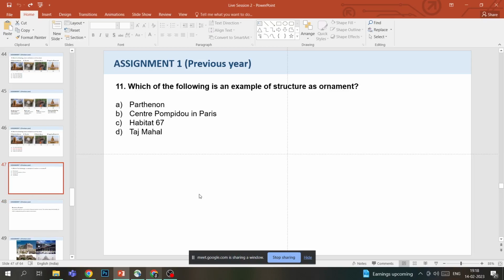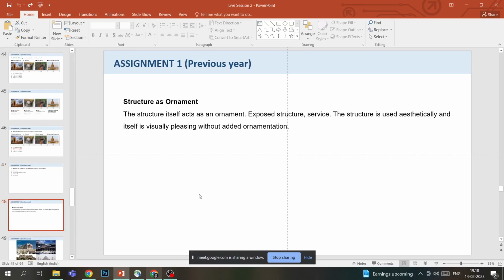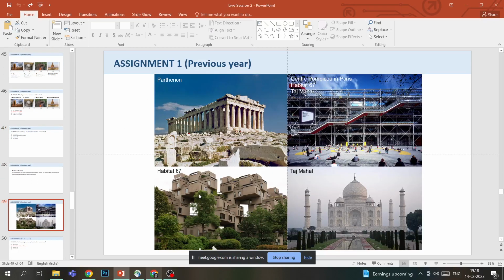The four buildings that we have here are Parthenon, Centre Pompidou in Paris, Habitat 67 and Taj Mahal. I have added images of all four buildings. You can very easily say that Parthenon and Taj Mahal have ornamentation on structure which is very visible.